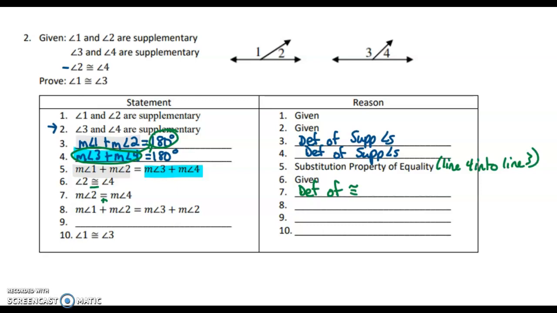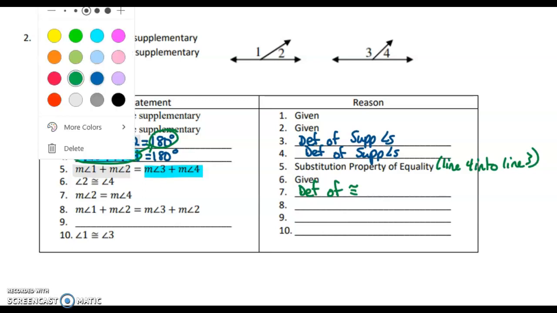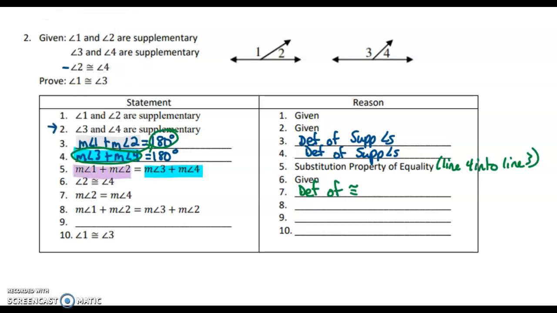Okay, 8 gets a little funky. Line 8 down here seems to have a lot happening. It looks very similar to line 5, so let's compare it to line 5 and see what these things have in common. On line 5, I had measure of angle 1 plus measure of angle 2. I still have measure of angle 1 plus measure of angle 2, so that's not different. And here's angle 3. But what's different is instead of measure of angle 4, now I have measure of angle 2. So it looks to me like they swapped something out.